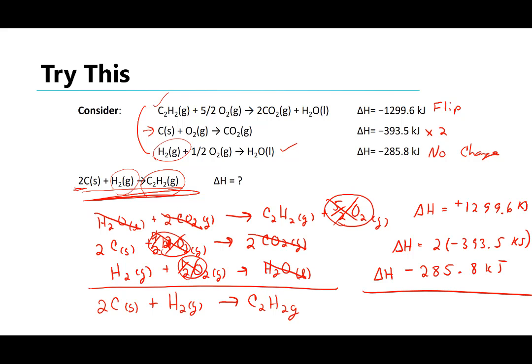Now all you do is add these together, and hopefully when you add them together, you end up with a positive 226.8 kilojoules, which means that overall reaction is actually endothermic. It's going to take more energy to get that reaction to go than what it actually produces.